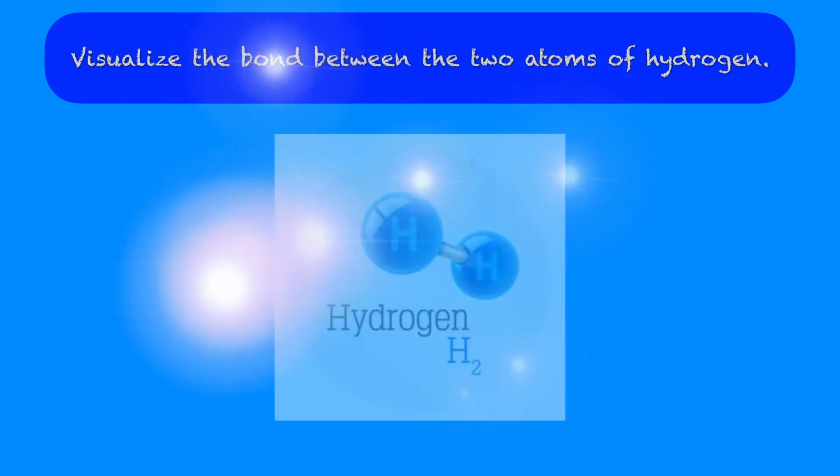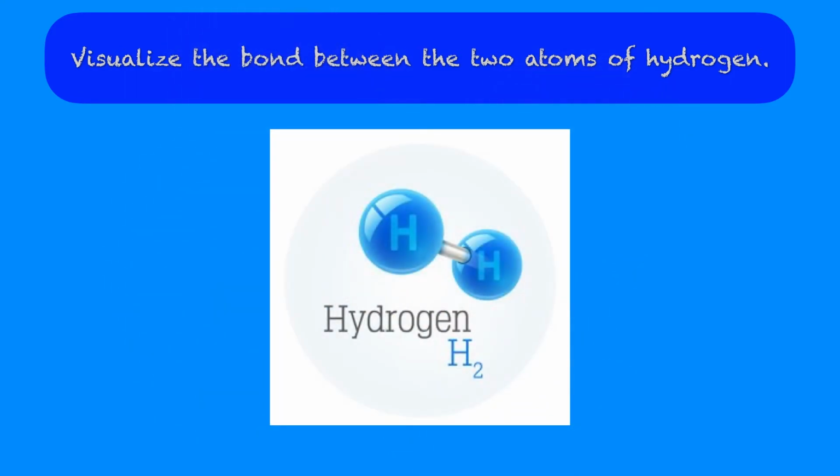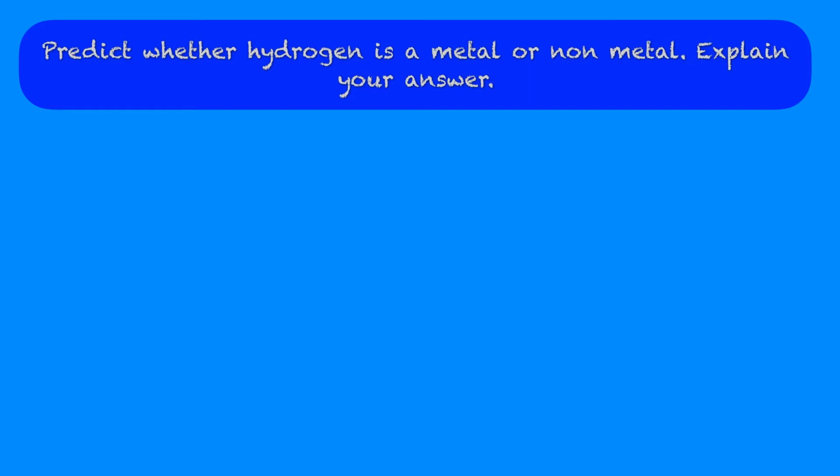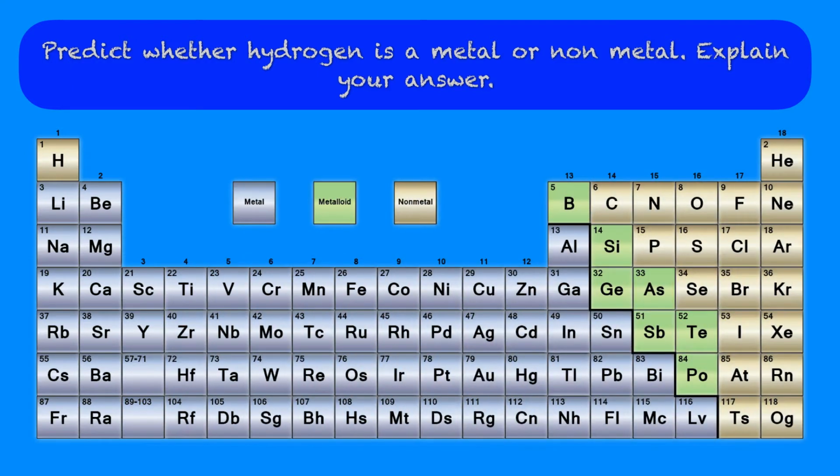The first molecule I would like to talk about is the hydrogen molecule, which is formed from two atoms of hydrogen. First, Khalifa, I need you to predict whether hydrogen is a metal or a non-metal based on its location at the periodic table.